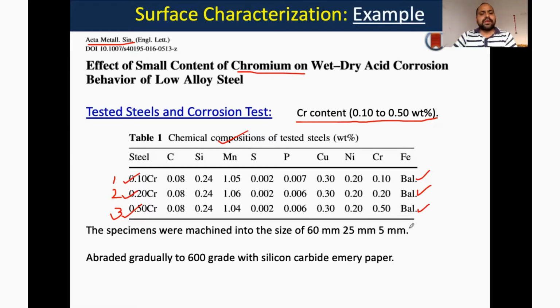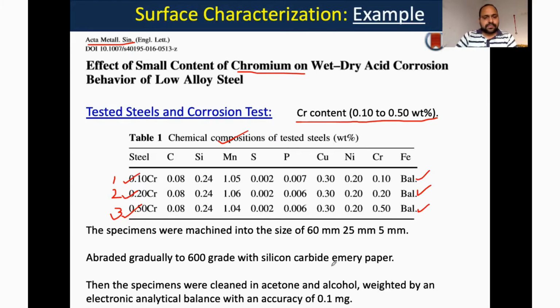Before any measurement, they polished using 600 grade silicon carbide emery paper so that the surface becomes smooth and they can look at the phases, the grains and granular structure. Then the specimen was cleaned in acetone and alcohol, and they also did weight analysis, weighing with an electronic balance of very good accuracy.